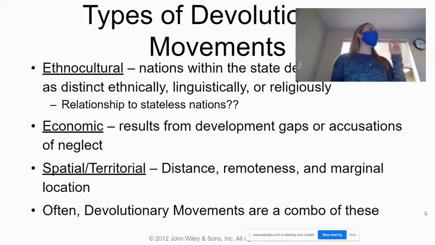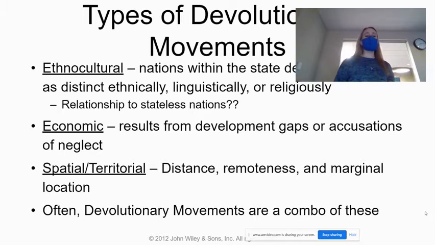They can demand power for their region, especially if a particular nation is focused in a particular area of a country. So there are regions within countries that demand power regionally because they see themselves as their own nation. They see themselves as ethnically distinct. Okay, so that's an ethnocultural devolutionary movement.